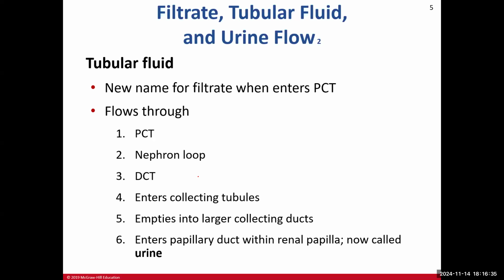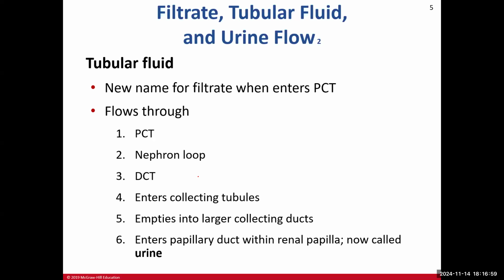It's tubular fluid through the proximal convoluted tubule, the nephron loop, our distal convoluted tubule, and even as it goes into the collecting tubules and moves into the collecting ducts, it's still tubular fluid. The only time that it is going to be known as urine is when it drains out of the renal papillae.